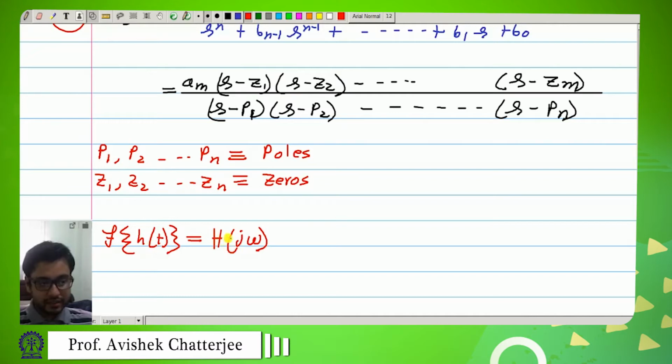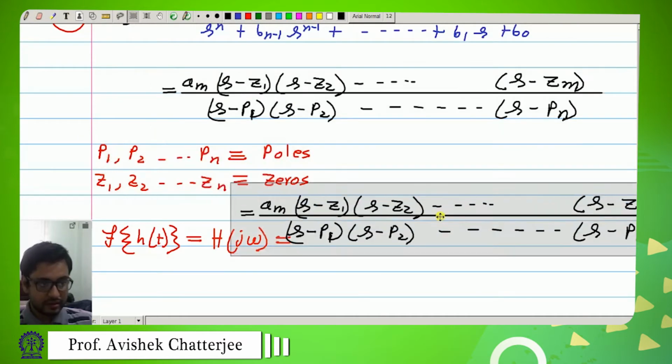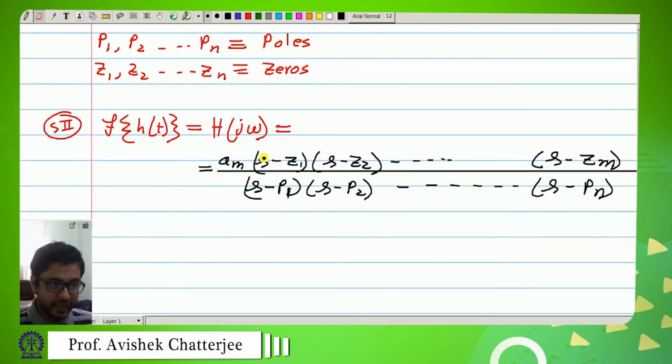So then H(j omega) will be equal to the same thing, but s replaced with j omega, here, here and everywhere. This is the Fourier transform of h(t).